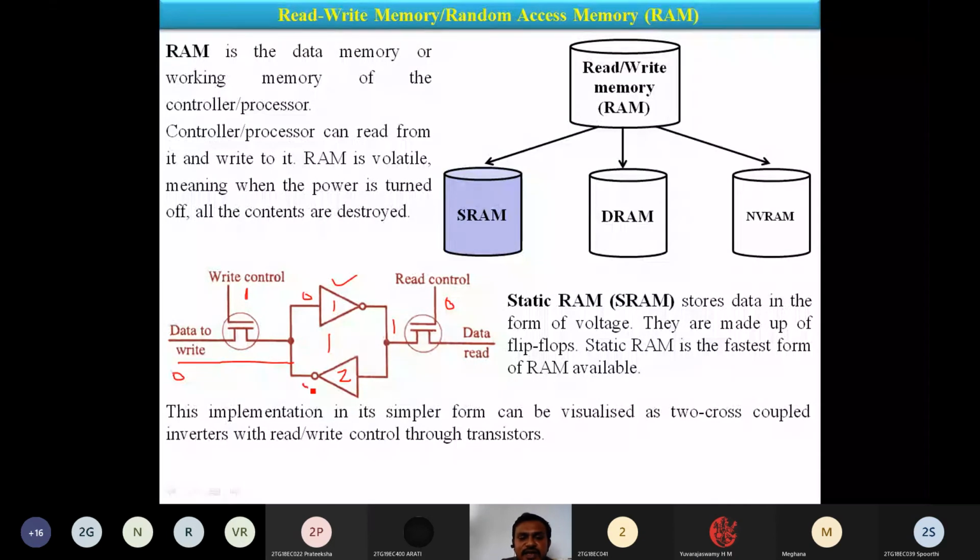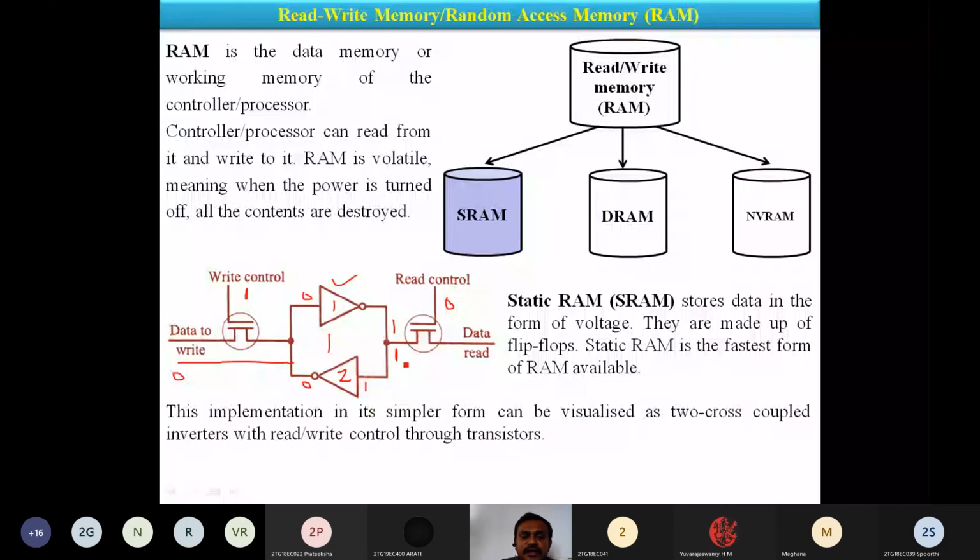So in the data read line, what data is available? 1. Means the flip-flop is storing the value 1. How? By supplying 0 on the data write line and making the write control signal 1.